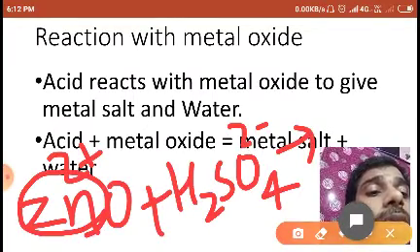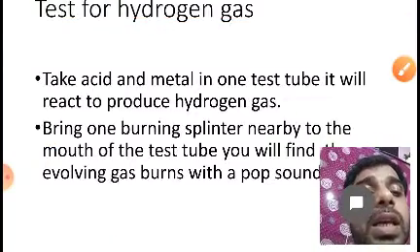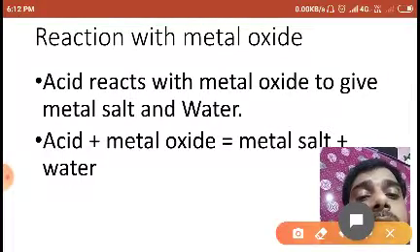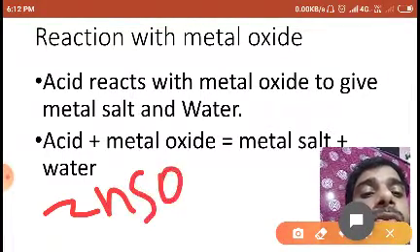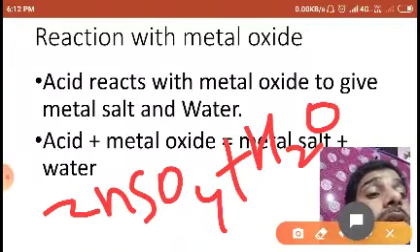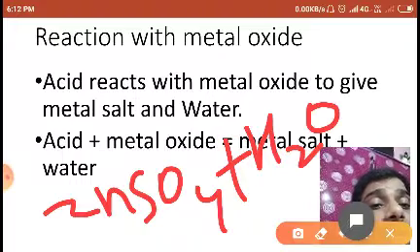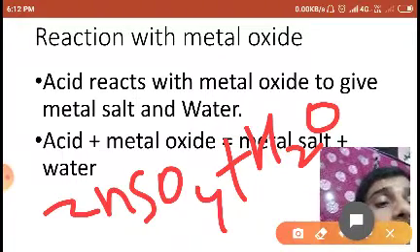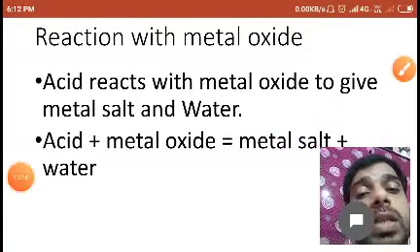So what is the product formed? ZnSO4 plus H2O, sorry, H2O liquid. So we can say this is the reaction with metal oxide. Okay, dear students, thank you.